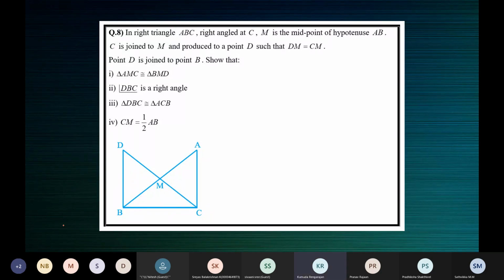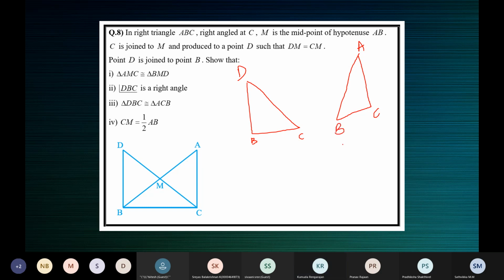Yes, children think DBC and ACB. This is DBC, and this is ACB. We proved that DBC is 90, so let's mark that.